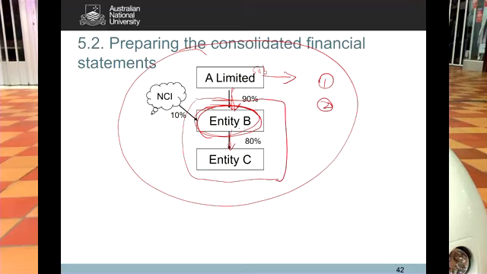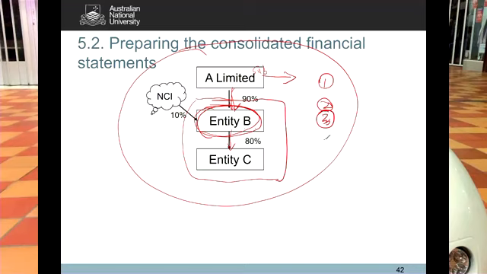If B is an unlisted company, that might be fine. If B doesn't have issuance of debt or shares or any financial instruments in the public market, that might be fine.